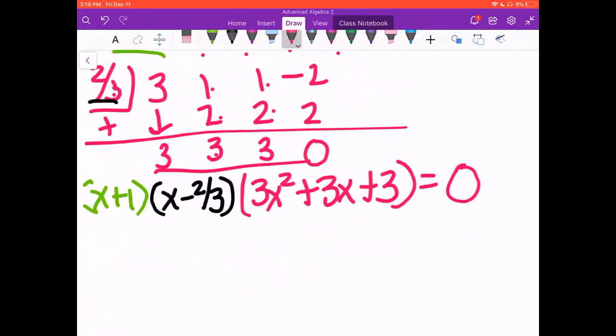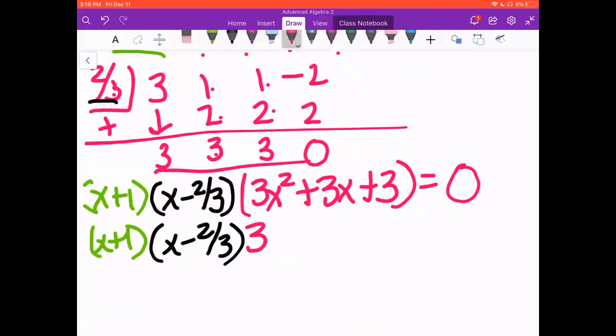And then, oh look, the 3x squared plus 3x plus 3 has a common factor. So I can factor it even more. x plus 1 times x minus 2/3 times 3 times x squared plus x plus 1 equals 0. And then x squared plus x plus 1 will not factor any further.